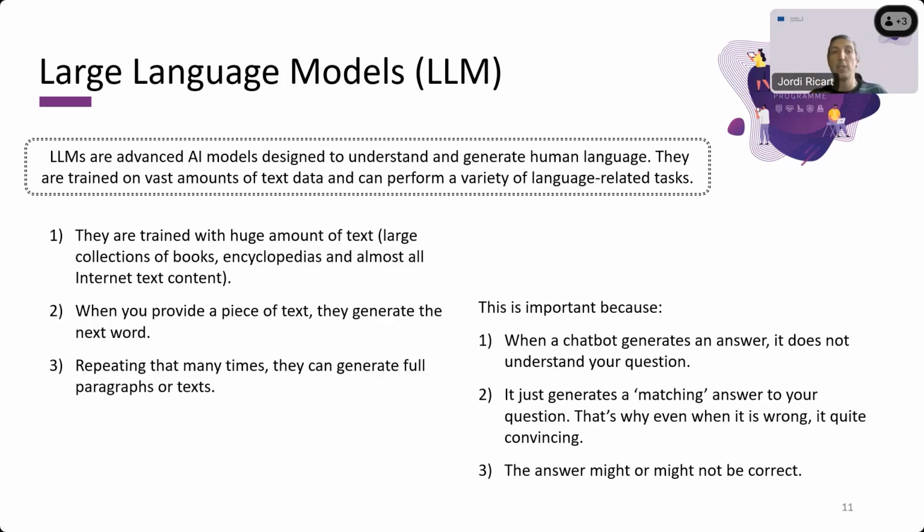So it's a good quantity of text and words all together, but the answer might or might not be correct. So first, it's your responsibility to check the answer. And also, as we will see today, it's your responsibility to ask the right question, and give enough context to the question to get a right answer.